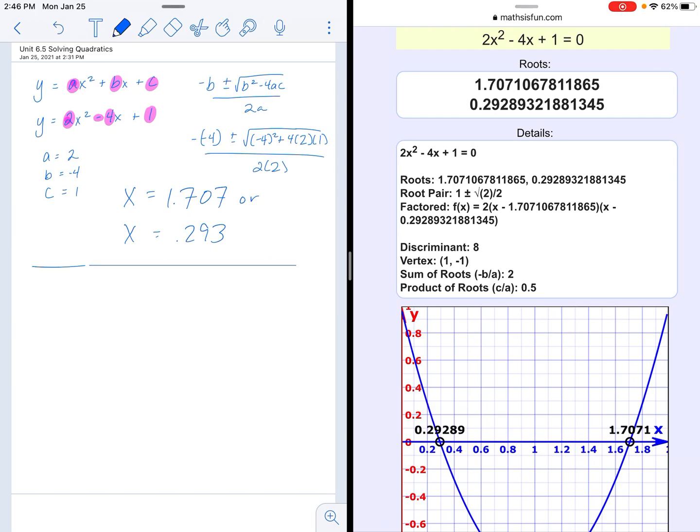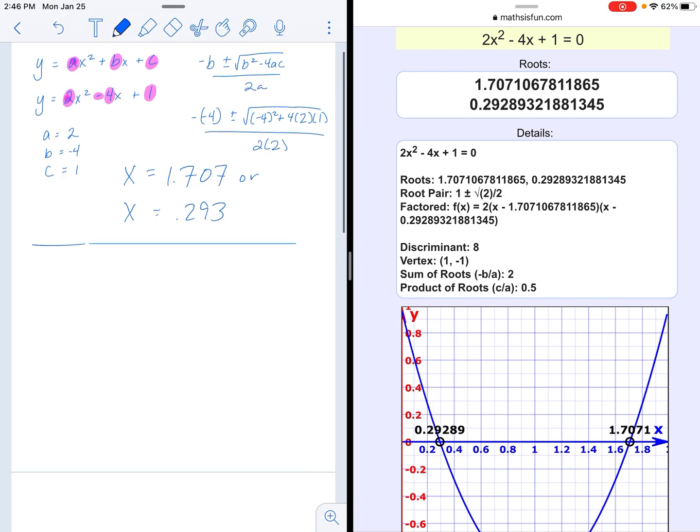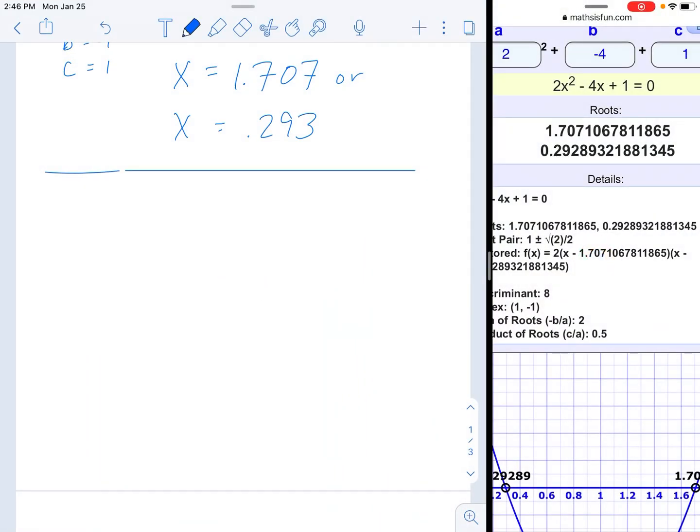So let's take a look then at a situation in physics where we would actually use this. Let's say I launch a ball at an angle of 45 degrees with a speed of 10 meters per second.